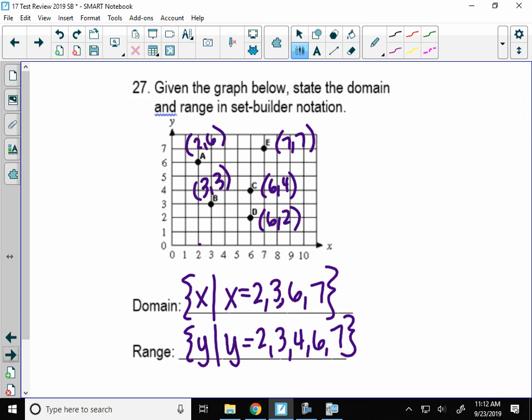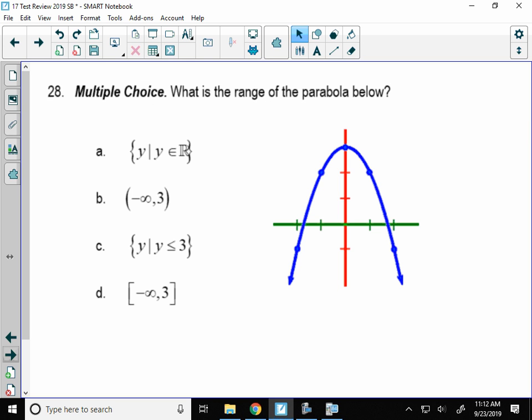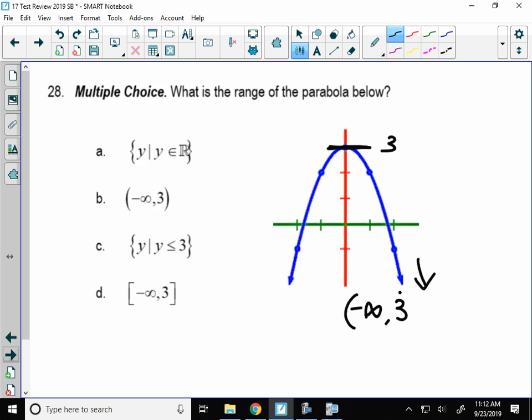All right, multiple choice here. Given the graph, what is the range? Now I put a couple different notations here, interval and set builder, so you can read it. My range, think about the graph first. Range goes from bottom to top. Bottom has an arrow, the top maxes out at 3. So if I want, I can write it as an interval notation here and see which matches. The bottom is from negative infinity up to 3.